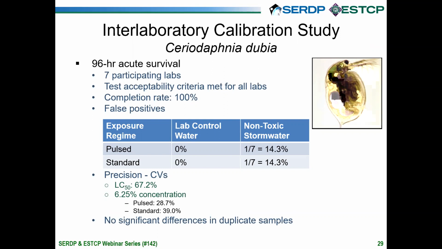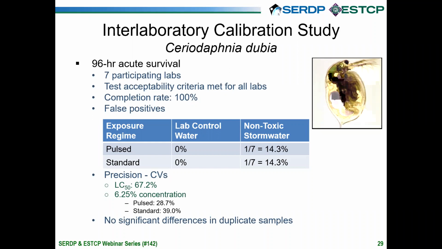And for both the pulsed and standard methods, we did have a lab for each of these methods find one sample to be toxic. So for each of those methods, pulsed and standard, we had a 14.3% false positive rate.